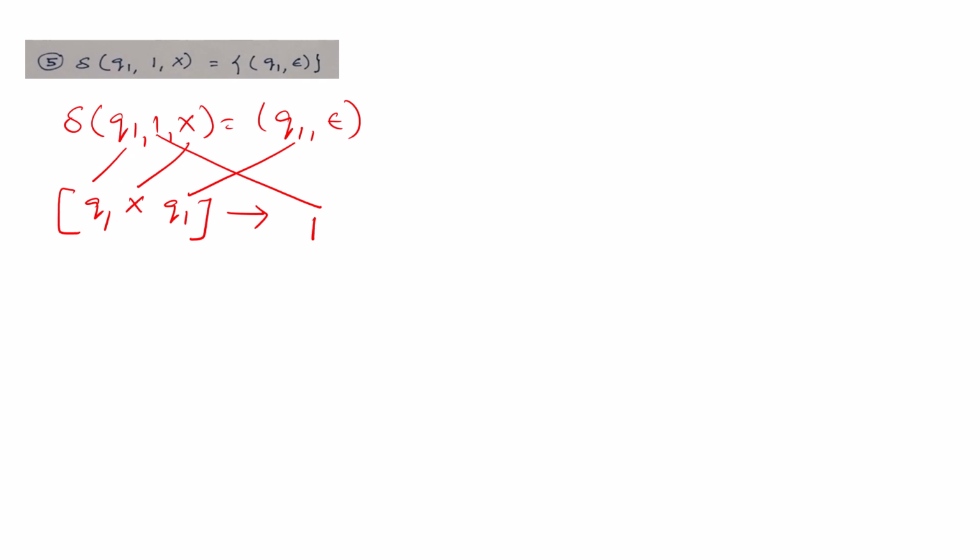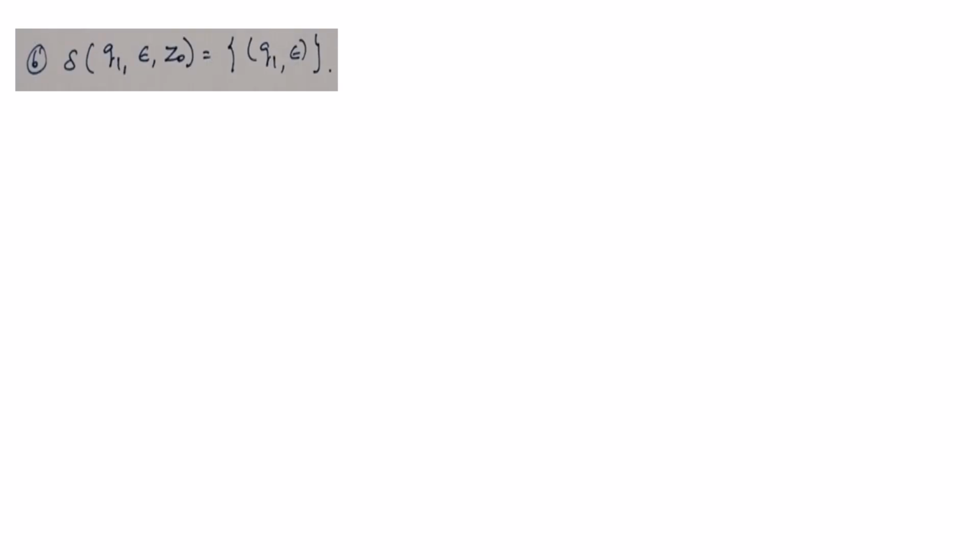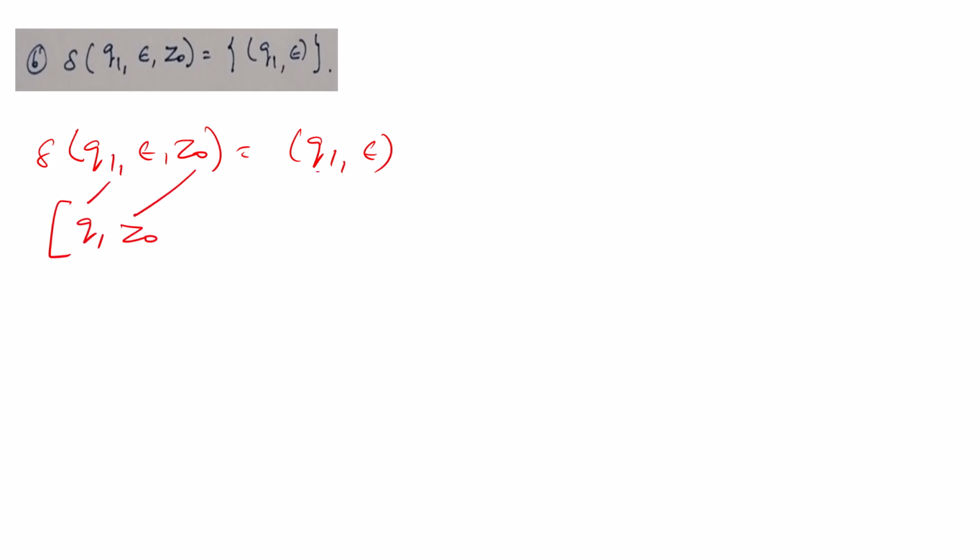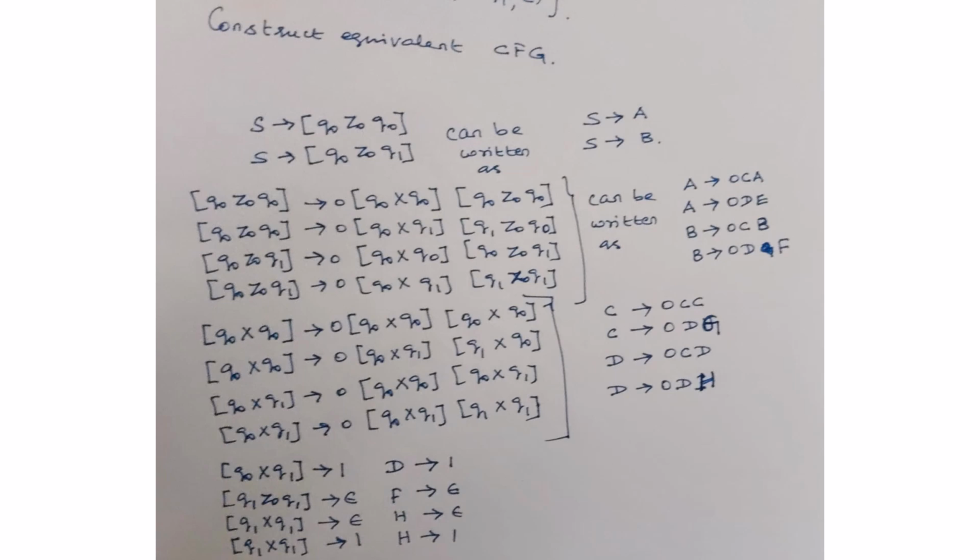So the next production is we are having a transition: δ(q1, ε, z0) = (q1, ε). So the production is [q1 z0 q1] gives us epsilon.